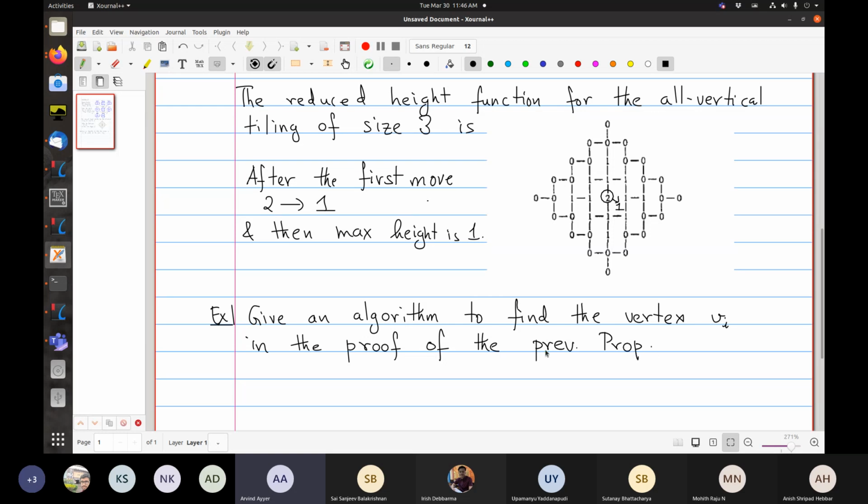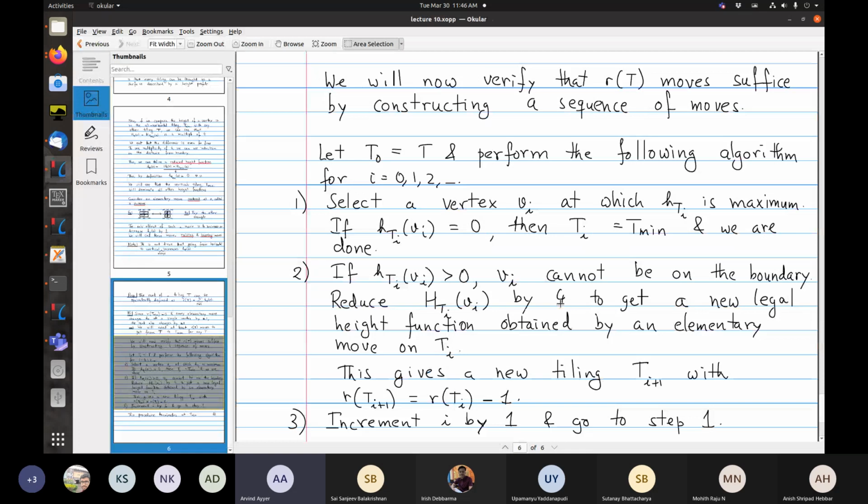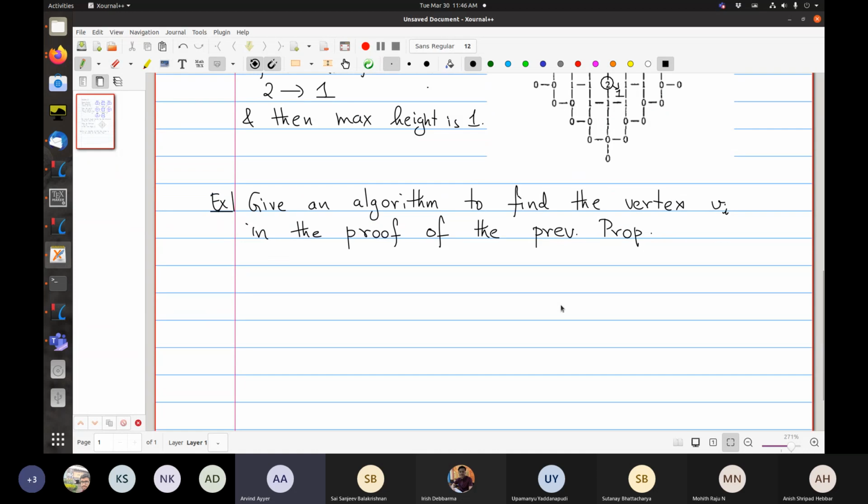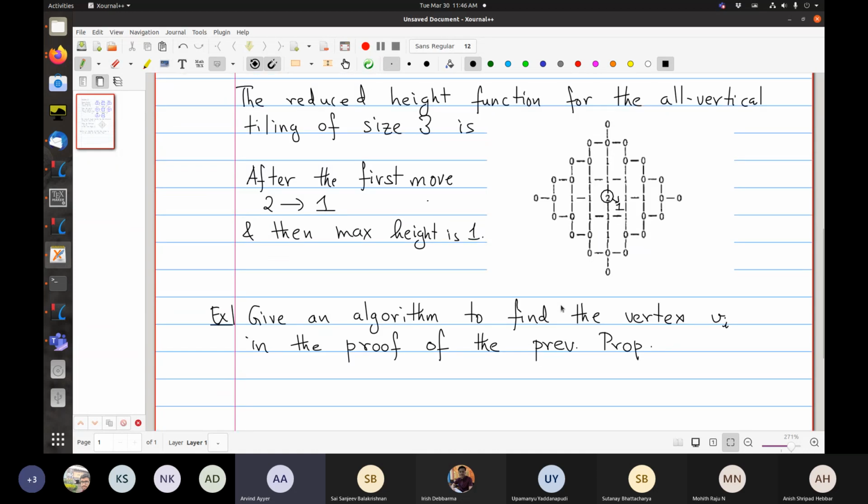What is the general algorithm? This is a bit too fast. The ideas are there, but one has to be a little careful. Okay, any questions about this point?